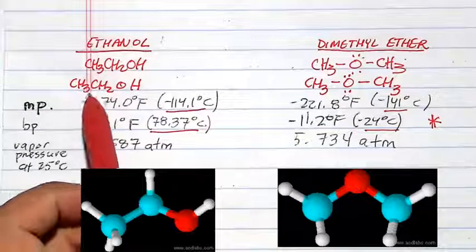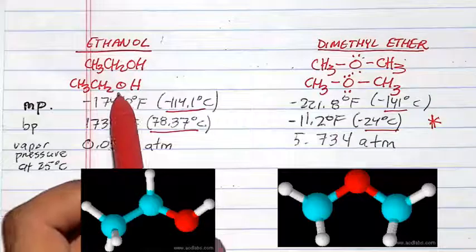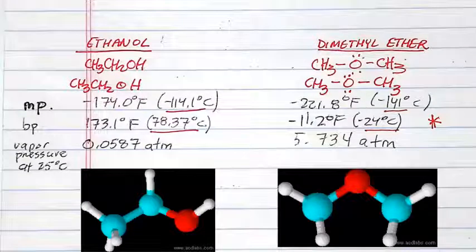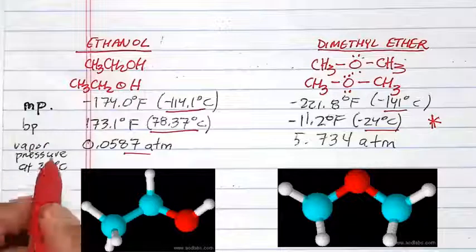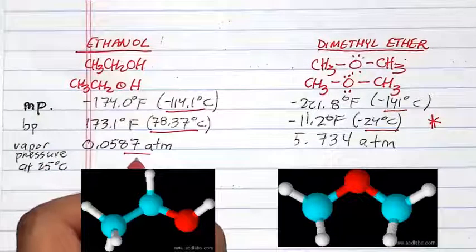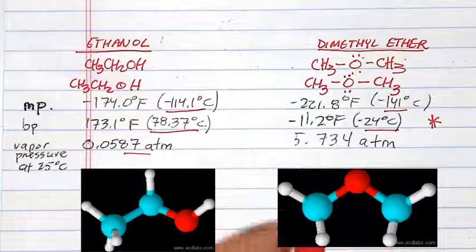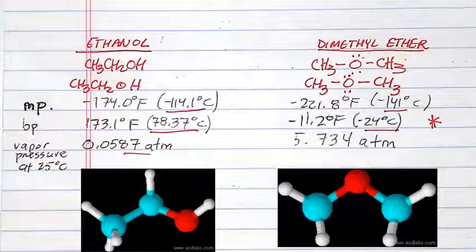It's again 2 carbons, 6 hydrogens, and 1 oxygen. They are arranged differently. In one arrangement, the boiling point is minus 24 degrees, and in another arrangement, the boiling point is 78.37 degrees. And then the vapor pressure exerted at room temperature, 25 degrees C, is substantially less for ethanol than it is for dimethyl ether.